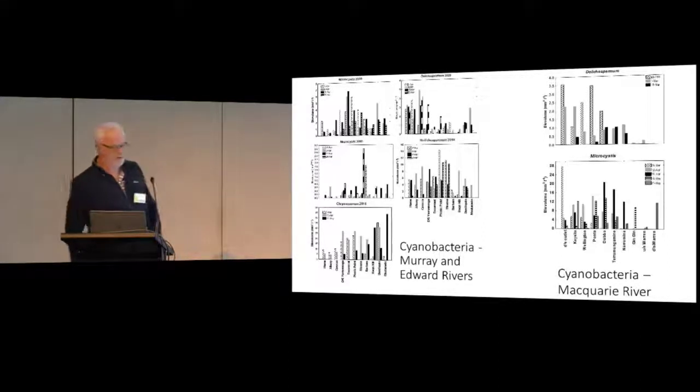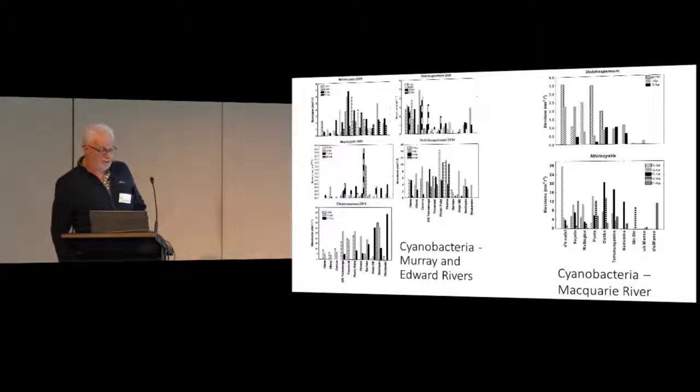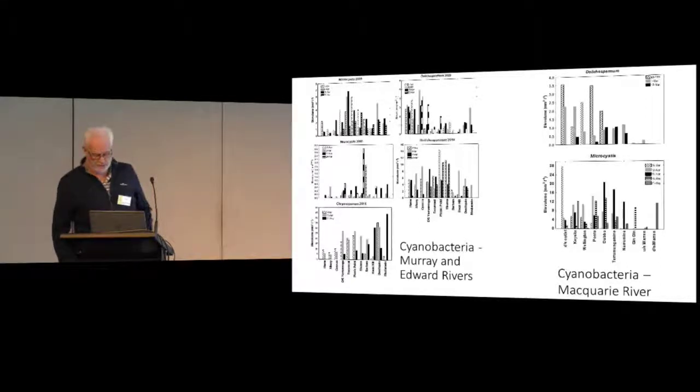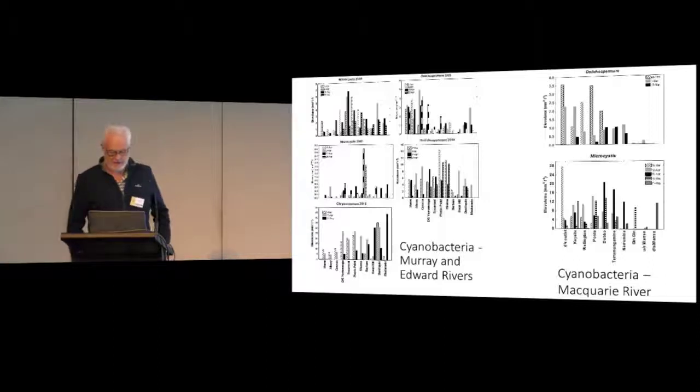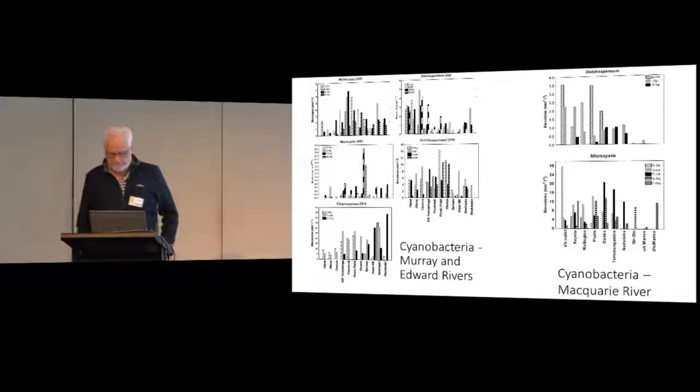Deniliquin and Moulamein sites are on the Edward River, with Moulamein being 659 kilometres downstream from Hume Reservoir. And in many instances, the blooms were quite severe and exceeded the recreational red alert levels in place for Australia under the NHMRC, National Health and Medical Research Council. So in these 2 rivers, certainly cyanobacteria survived for a long way downstream.